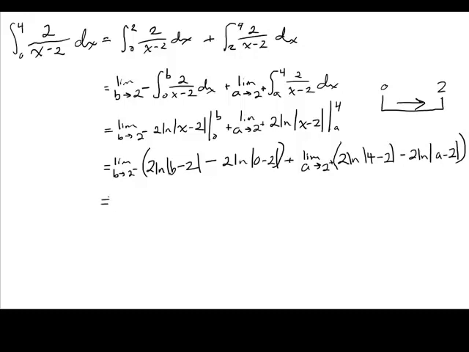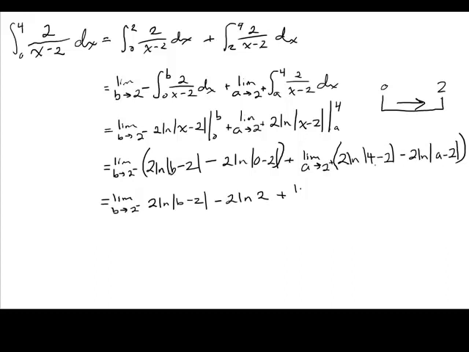All right, we've got some constants in here. So we have the limit as b goes to 2 from the left of 2 natural log of b minus 2. So that's going to be a limit we have to evaluate. This part here is just going to be a constant. So minus 2 natural log of, 0 minus 2 is negative 2, absolute value is 2. So that's just a number.